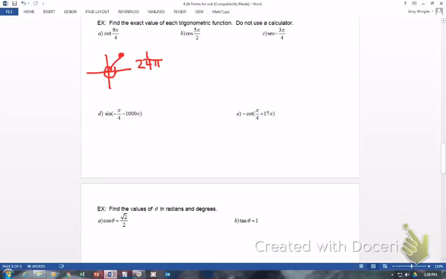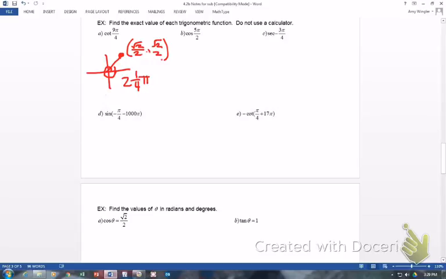So you have to decide what point is that on the unit circle. So that point is radical 2 over 2 for x and radical 2 over 2 for y. Just move that 2 1/4 pi down. So now to find cotangent, you've got to realize that cotangent is the reciprocal of tangent.